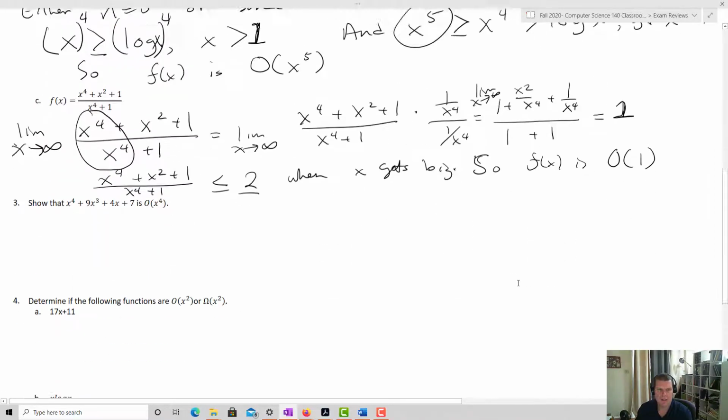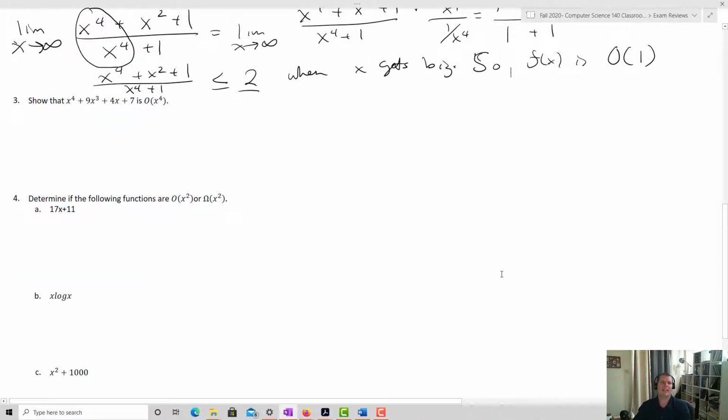Okay, now let's take a look at showing that x to the fourth plus 9x cubed plus 4x plus 7 is O of x to the fourth. So what we're going to do here is look for the witnesses, that is the n and the c, such that f of x is less than or equal to c times x to the fourth.